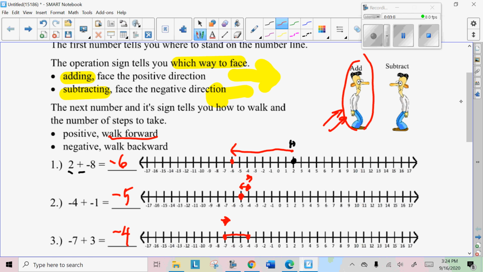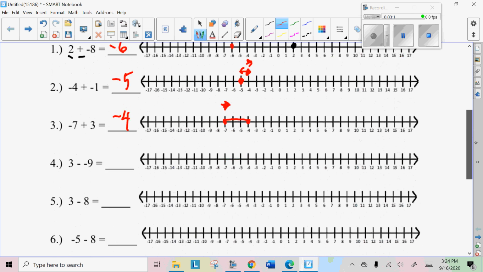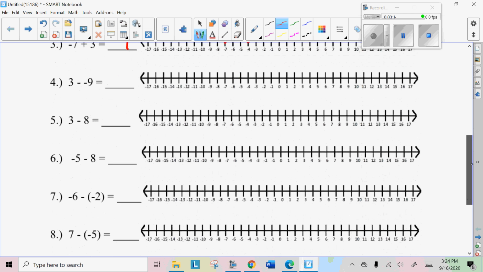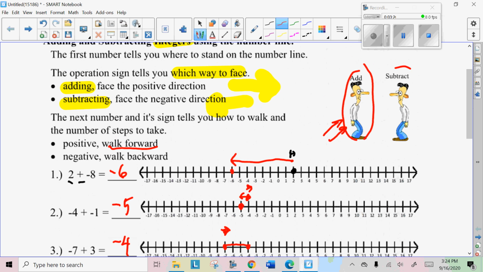All right, I'm going to let you try. Well, actually, no, let's do a couple more and then I'll let you finish. So this one, we're going to start at 3, right there. It's a minus, which means I'm facing this way.